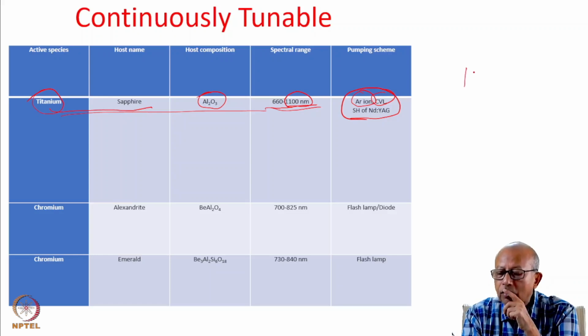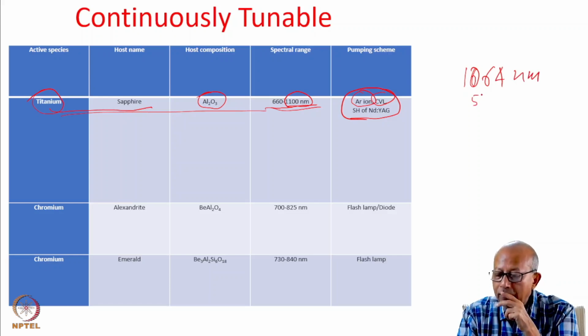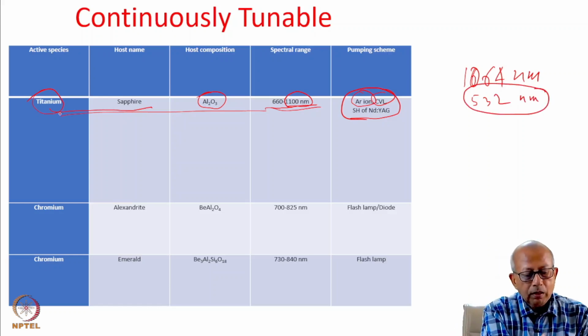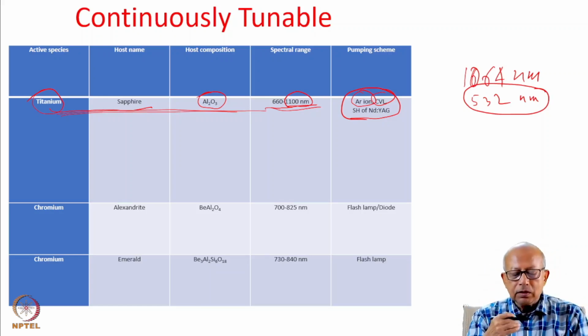Nd:YAG laser gives output at 1064 nanometer, so the second harmonic of this will be at 532 nanometer. Even this wavelength can be used to pump this laser. We will come to this when we study some of these lasers individually.